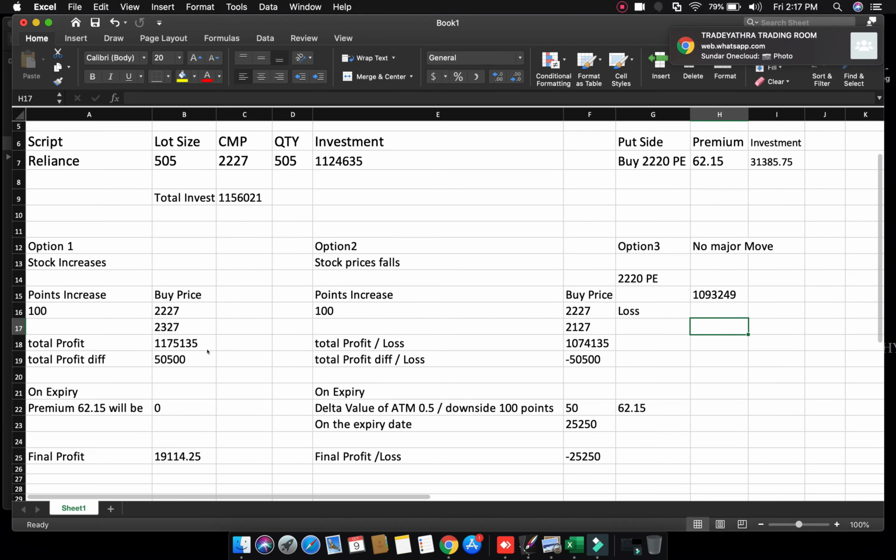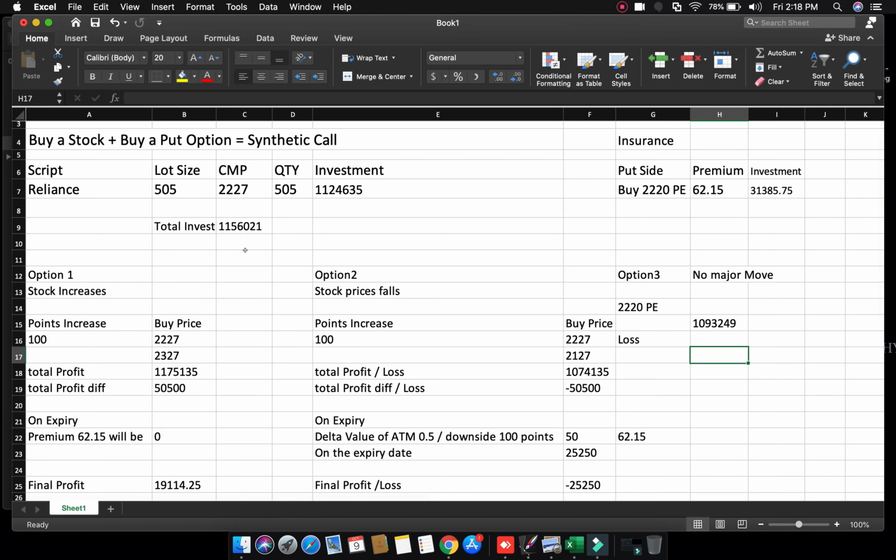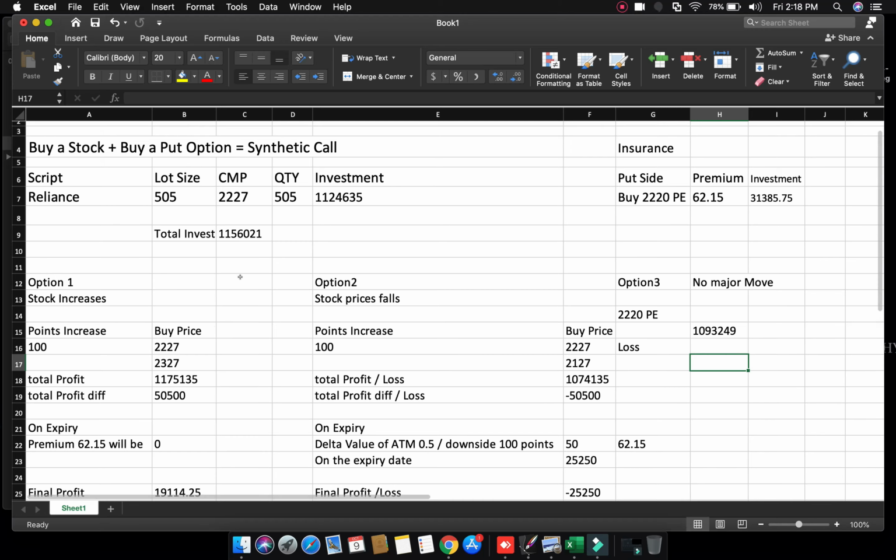You don't have to exit from the stock, but you can buy a put side, and once the correction stops and the market starts going up, you can exit from the put side with a profit, and as the market moves up, you get a profit from the stock. So this is how you use the synthetic call.